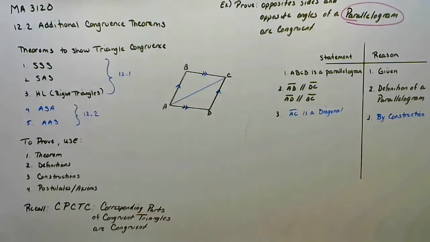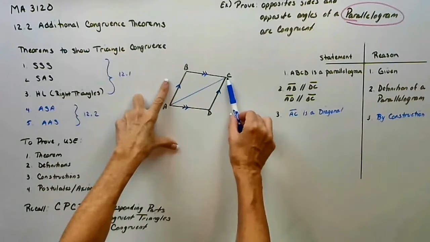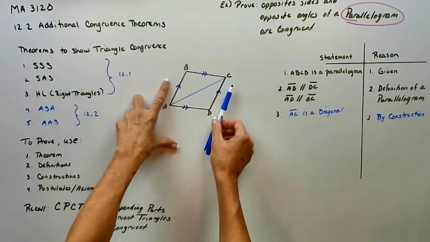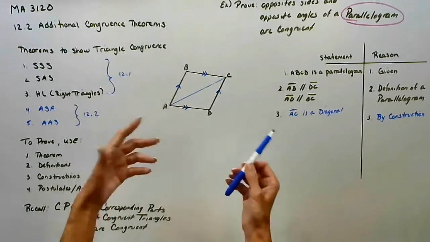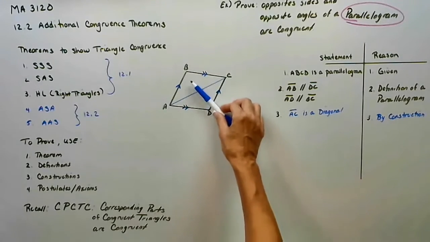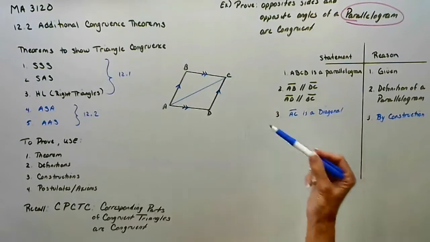So what we've actually created is a transversal. We now have two parallel lines that are cut by a transversal. So all those angle measures that we learned before are going to apply. Okay? And take a look. See how I have two triangles? Don't they share a common side? So now I know that AC is equal to itself.